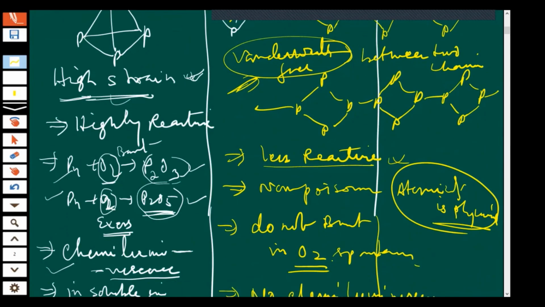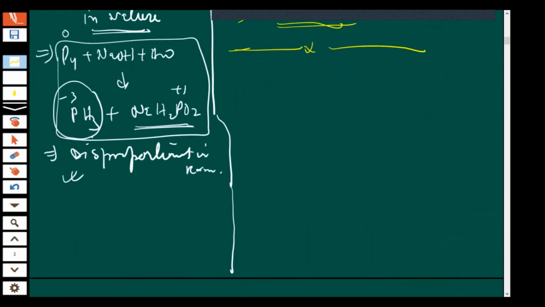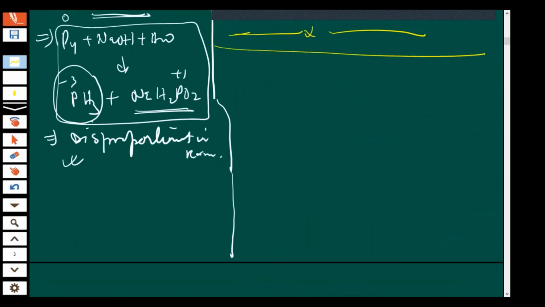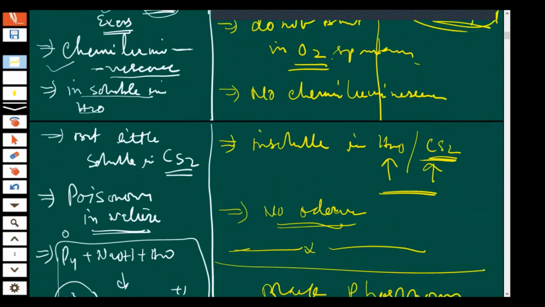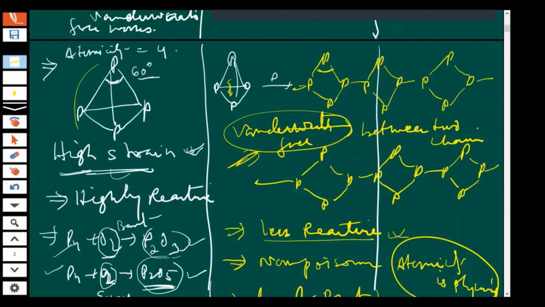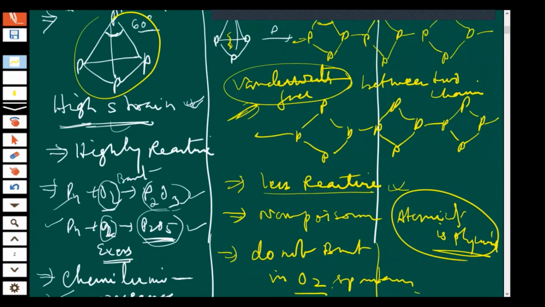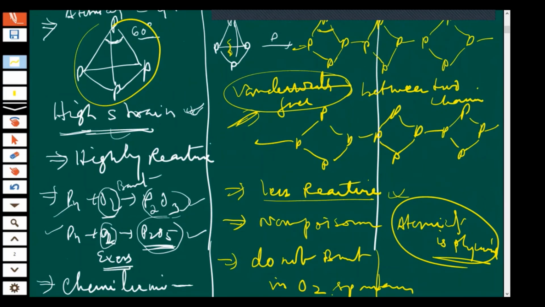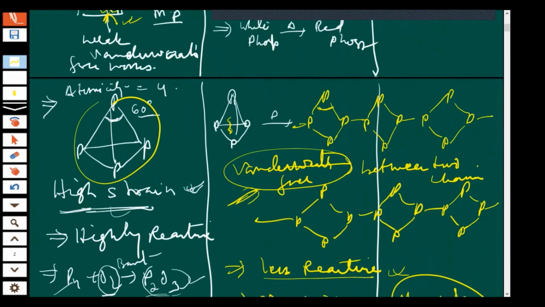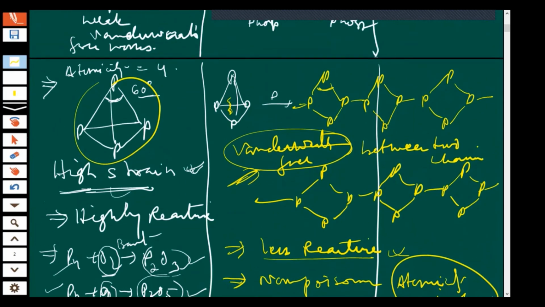So what about black phosphorus, children? We will write something over here about black phosphorus. You know, see, after breaking this unit, this type of chain is formed, and after that, see, we will try to show you that still this bond is there.